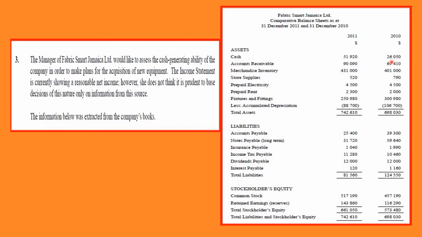Now, basically, what the cash flow statement will do, it would show you how you got from this position, the movements in the cash from $26,050 to $51,920 within the year. Okay, some of the cash would have come from your operations, some would have come from your investing activities, and some would have come from your financing activities, and some of them would have also gone out in those three areas as well.